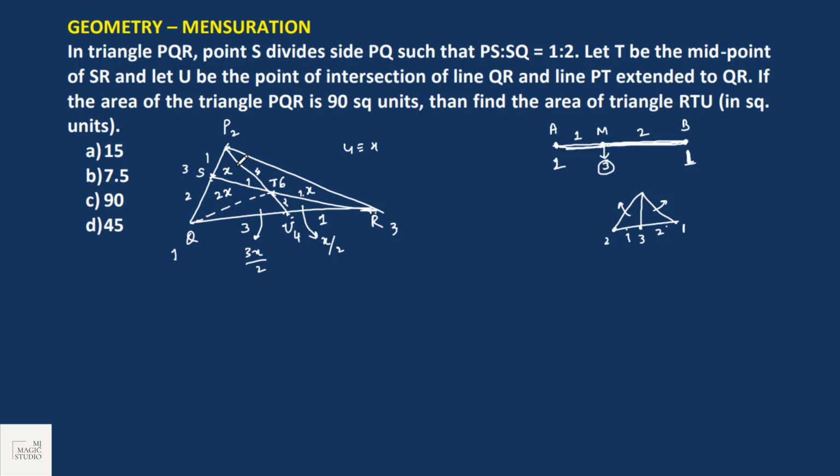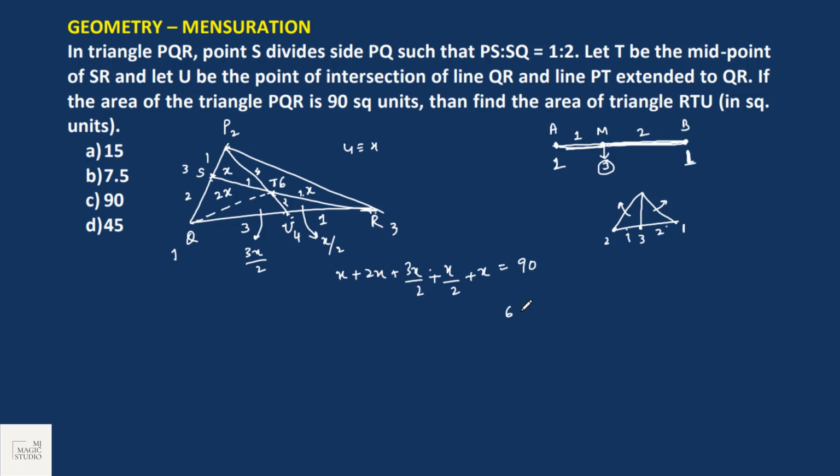Now if we look carefully, we have got the area of all the triangles. Now the total area of the triangle is 90 square units. That means X plus 2X plus 3X by 2 plus X by 2 plus X is equal to 90 square units.